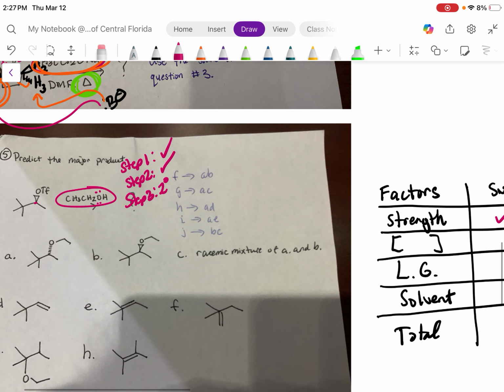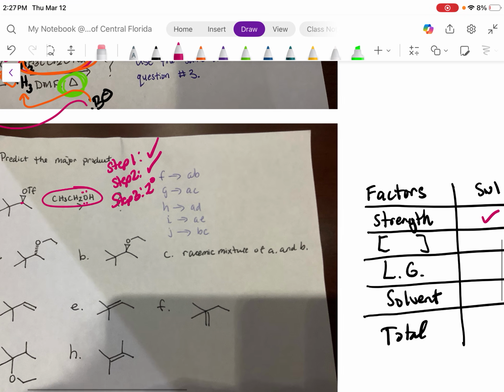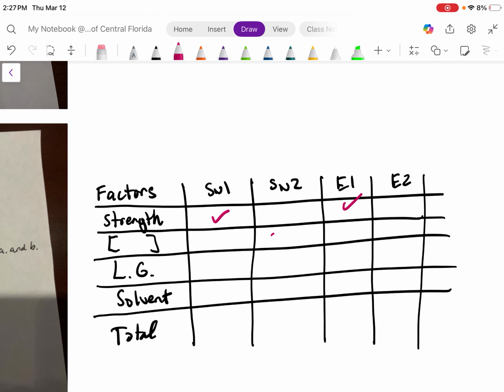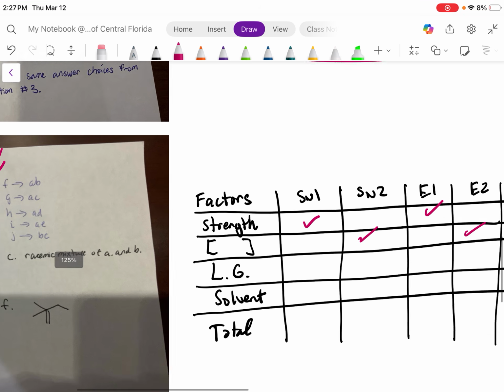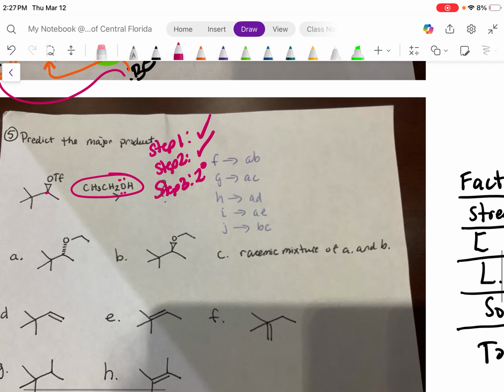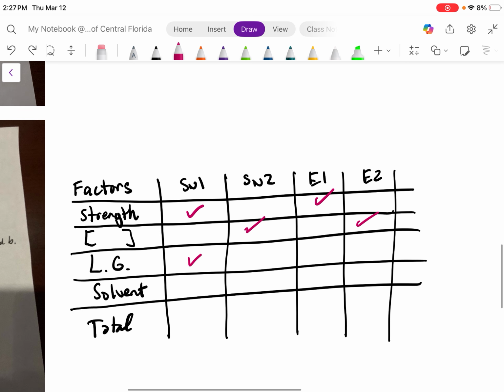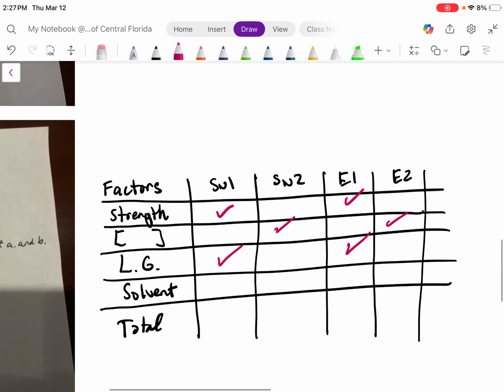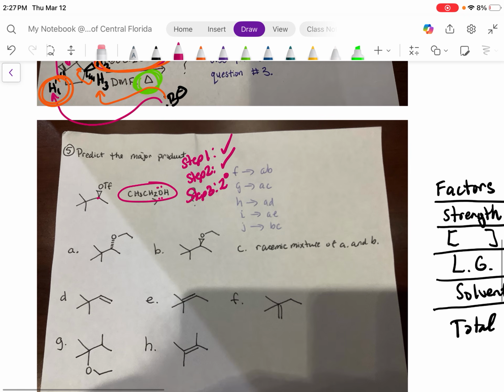When we look at the concentration, there's nothing talking about it being dilute, so we assume that it's concentrated. So that favors SN2 and E2. The leaving group ability, that is a wonderful leaving group, and that's going to promote a faster reaction for SN1 and E1. The solvent, this might have tripped some people up.